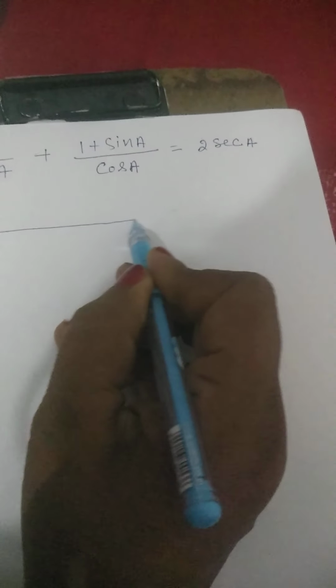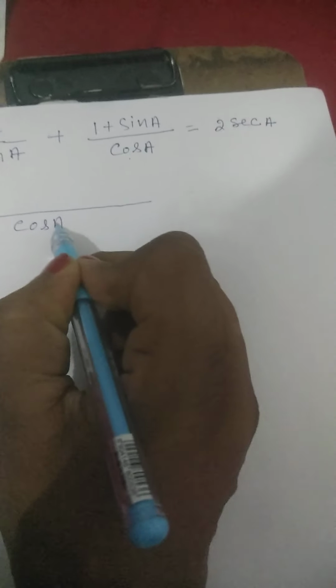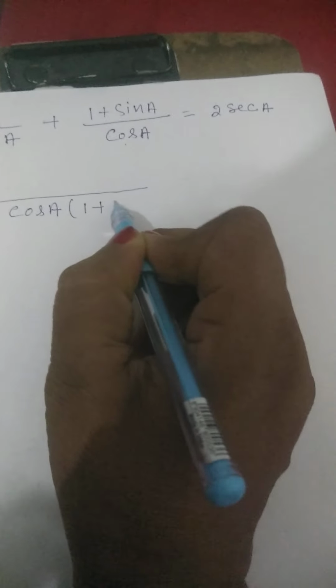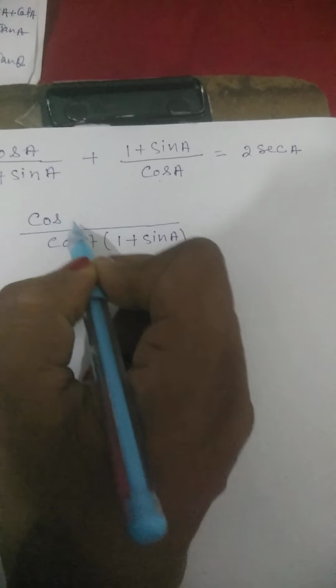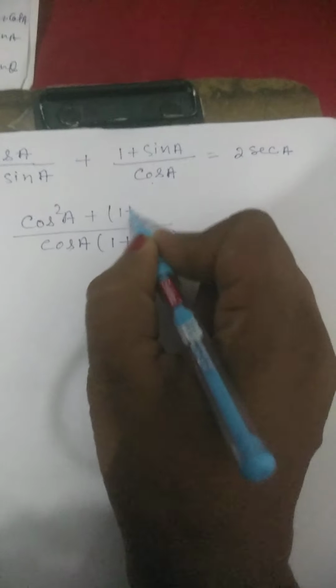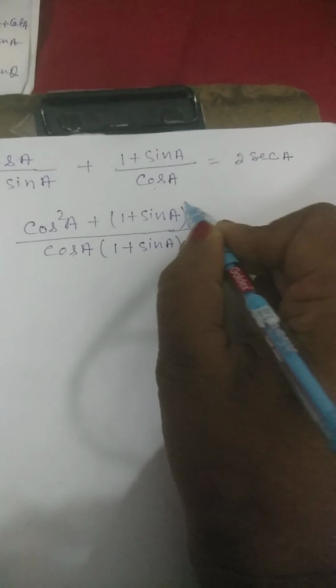So just to take the LCM from the denominator, cos A into 1 plus sin A. You can write cos square A, and from this side you will take the LCM and then divide.